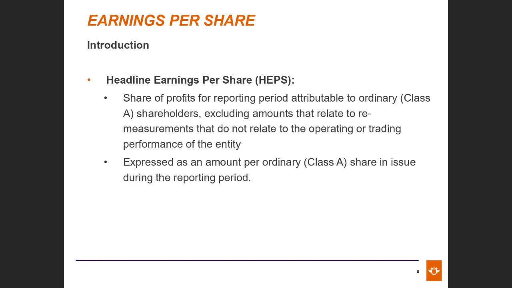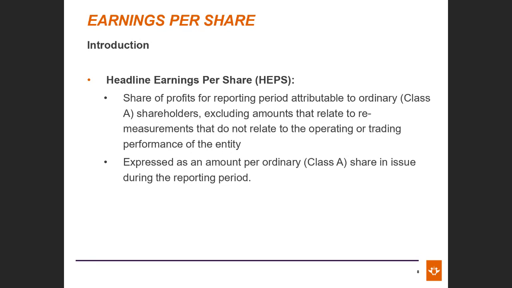Headline earnings per share is the share of the profits for the reporting period attributable to ordinary shareholders. However, this must exclude the amounts that relate to remeasurements that do not relate to the operating or trading performance of the entity. So here, you have to understand that your profit is a function of a few things.